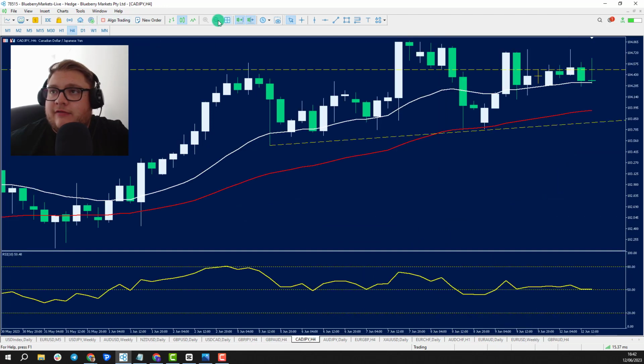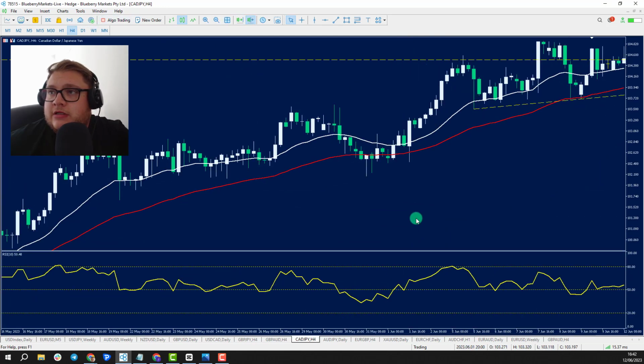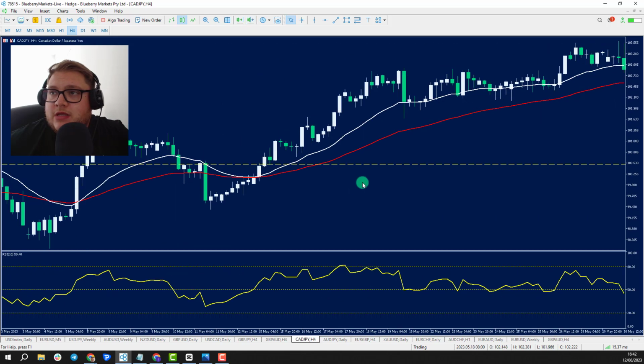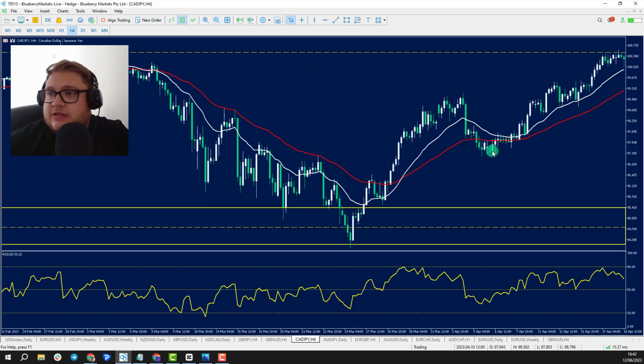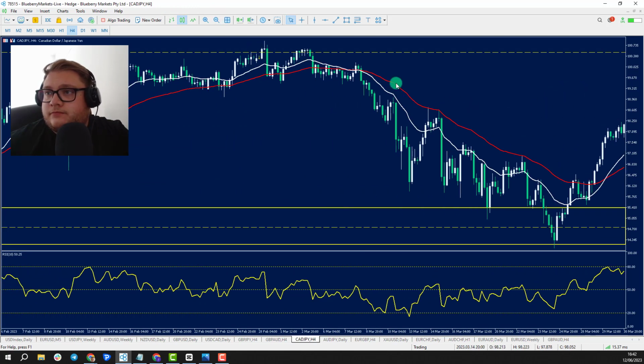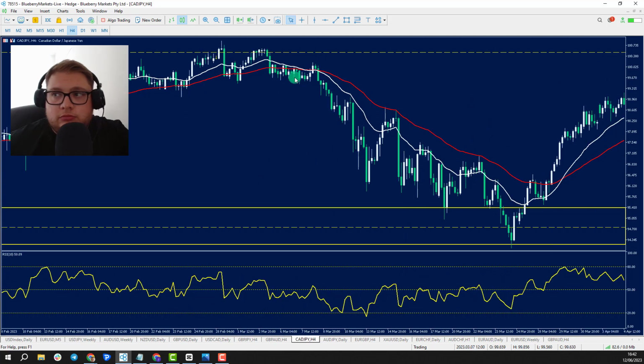Now if I go back to that 4-hour time frame and zoom back to see what happened at that area of resistance, I can clearly see price came up into that area, we stalled for about a week or so, and then price started to make a lower low here on the 4-hour time frame.